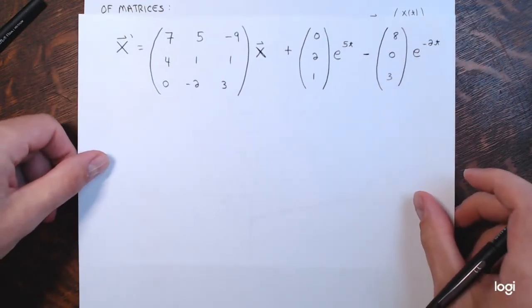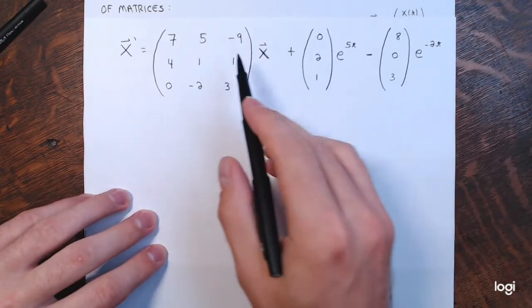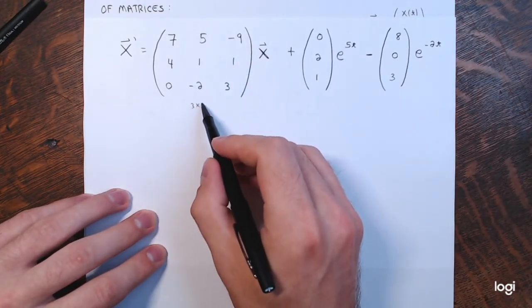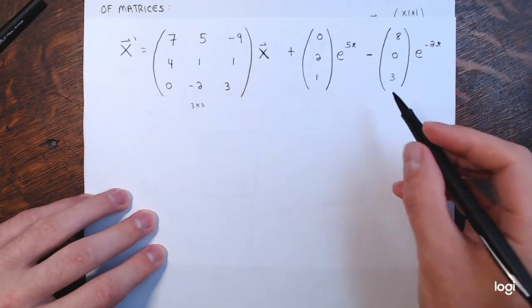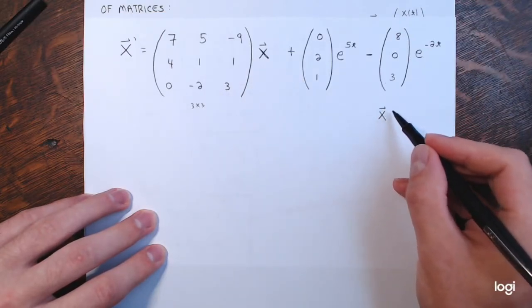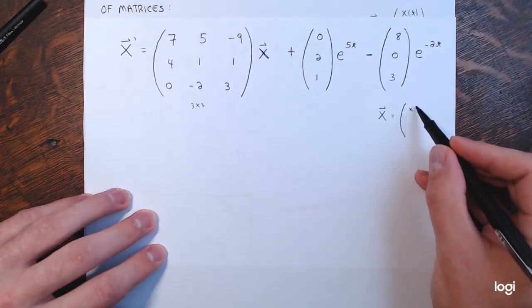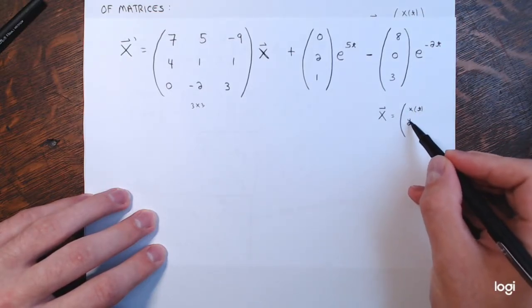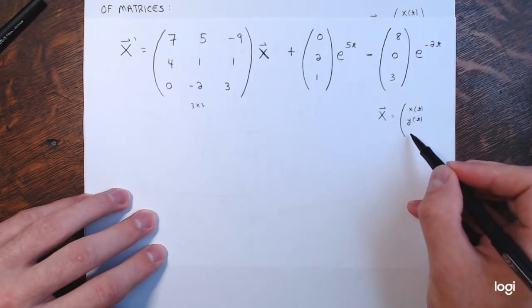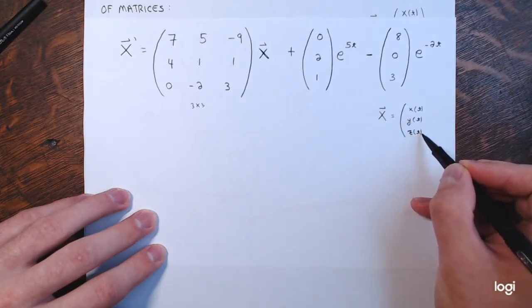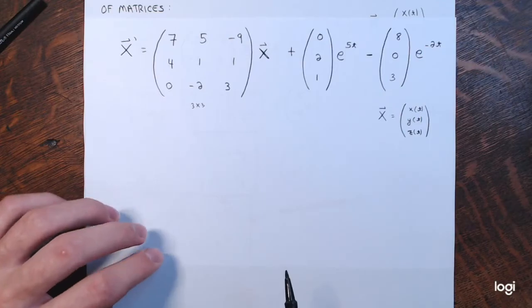Hopefully you can see it. This time, my matrix of coefficients is a 3 by 3. So vector x is going to consist of three functions, x, y, and z, or you could say x1, x2, and x3. I have three unknown functions in this system.